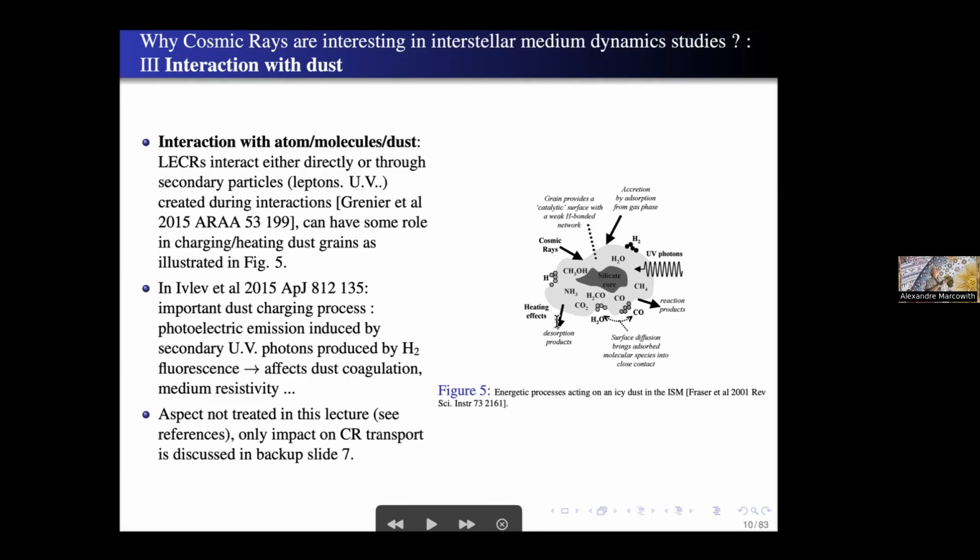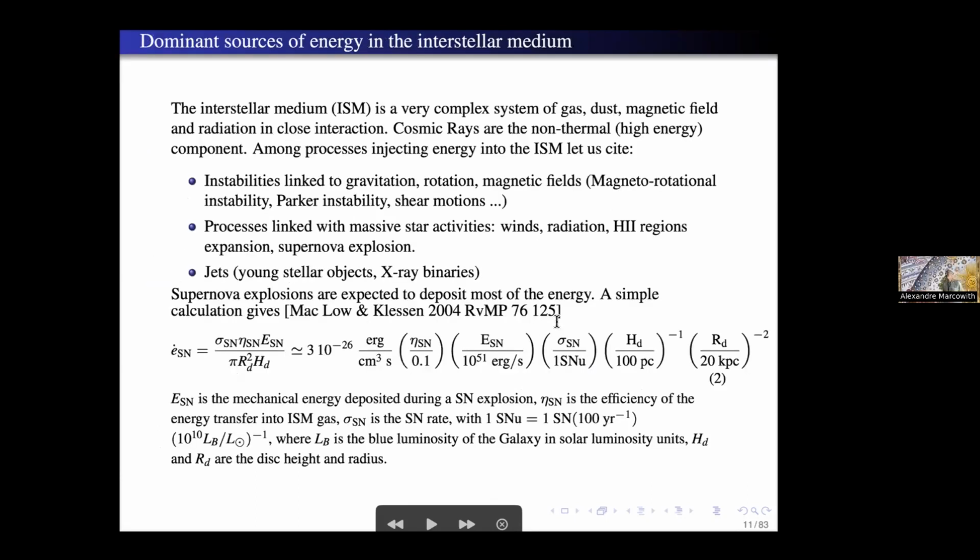This is important because they are especially important for dust charging, and because the cosmic ray can induce a cascade of secondary particles, especially UV photons, deep at high column density, which can affect the dust coagulation and so mediate the medium resistivity. So this is likely an important process. But as I'm not a specialist of this, I will not talk about it. There is only a backup slide, so I would suggest that for the next school year, you can have a lecture on cosmic rays and dust. I think it could be interesting.